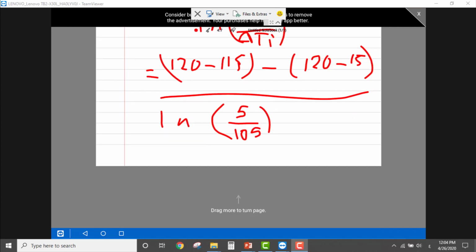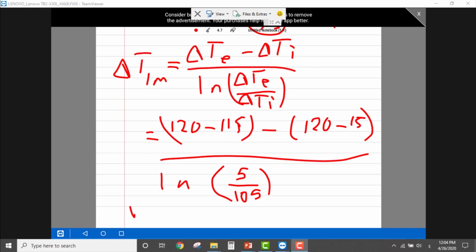And if I use my calculator, delta T log mean is equal to, so ln of 5 divided by 105, and in the numerator this is 5 minus 105, divide the answer.